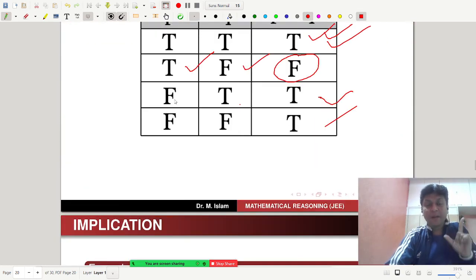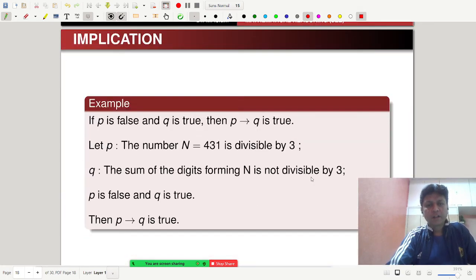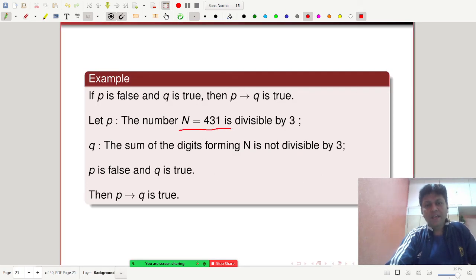Now I will explain the third one, that is if P is false and Q is true, that gives you P implies Q is true. So let me go to the third part. Suppose P is the statement, the number n equal to 431 is divisible by 3, and Q is the statement, the sum of the digits forming n is not divisible by 3.